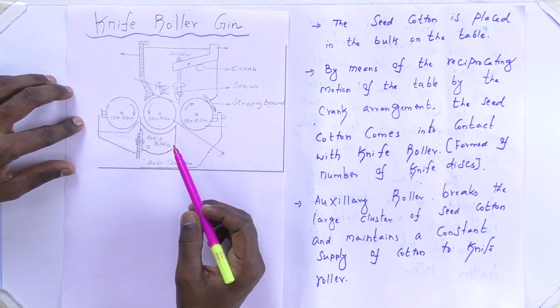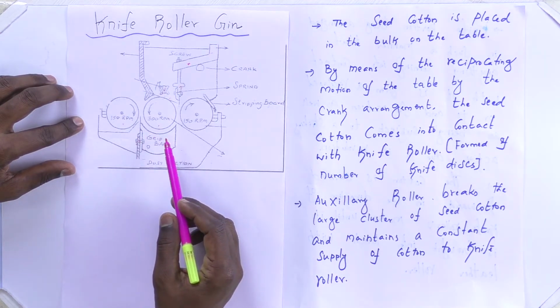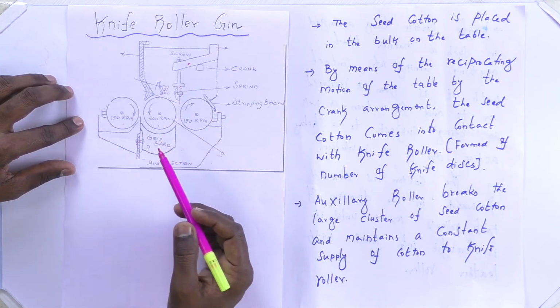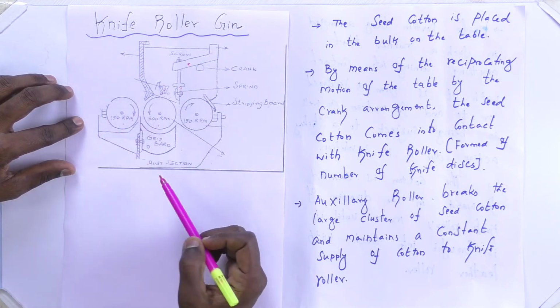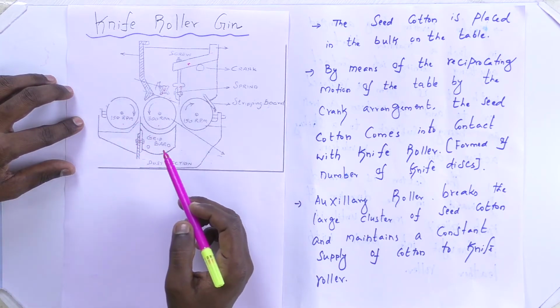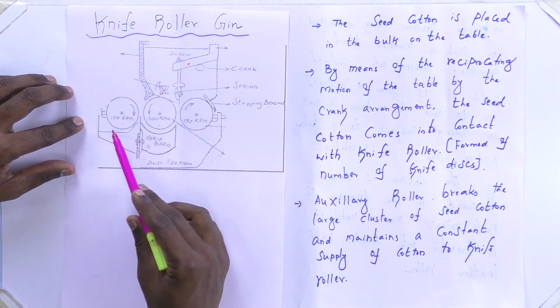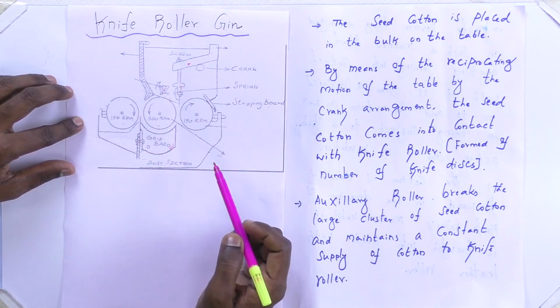Anything that comes into contact with the knife roller gets a striking action and action with pressure, so the fiber is removed. The leather roller has a rough, sawtooth surface, so the fibers stick to the leather roller, and we can get good fibers. The grid bars are used to collect the waste material, that is, the seed.